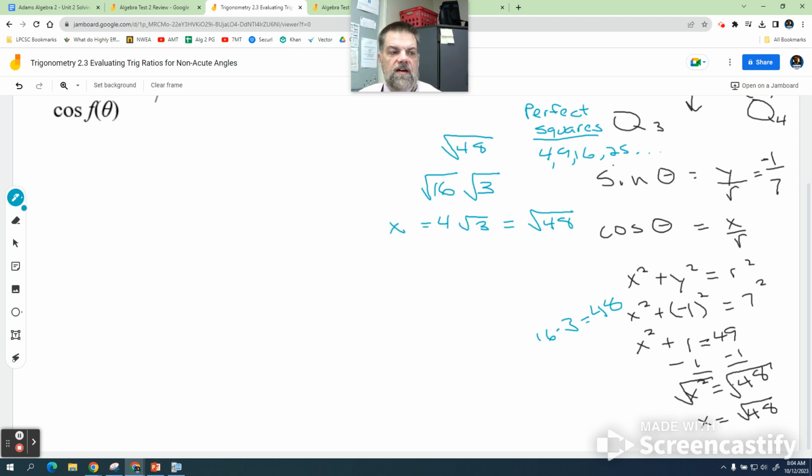So over here, we would say cosine of theta is equal to x over r, but now we know that x is 4 square root of 3, all over the radius, which is 7.